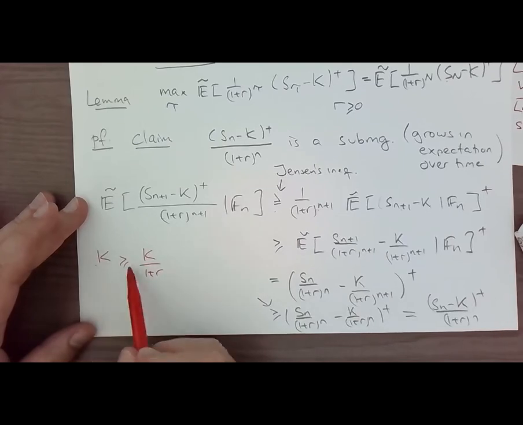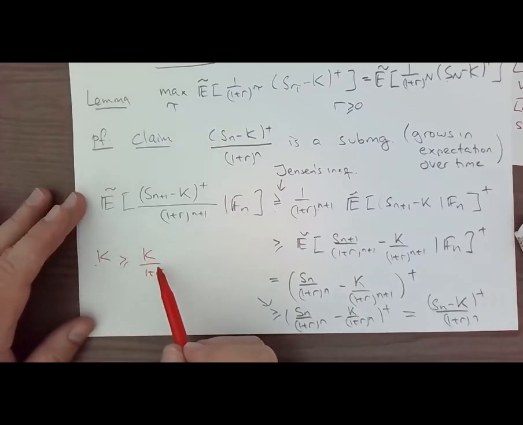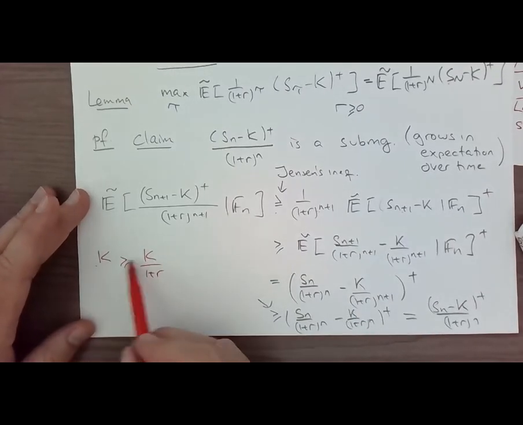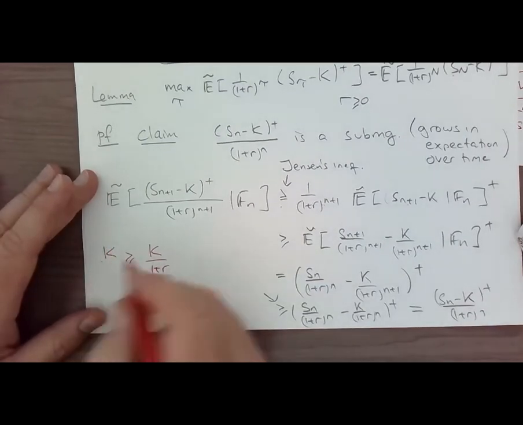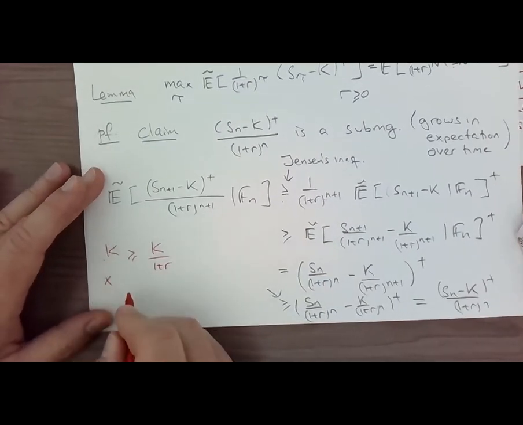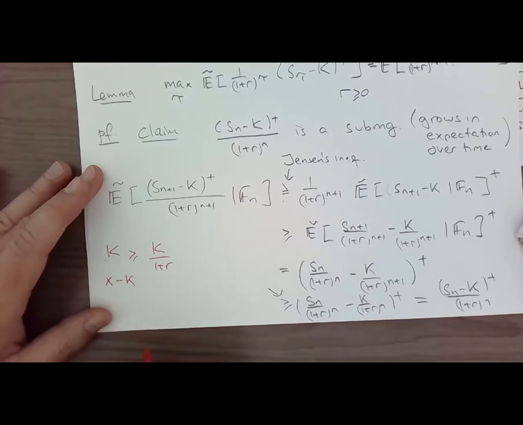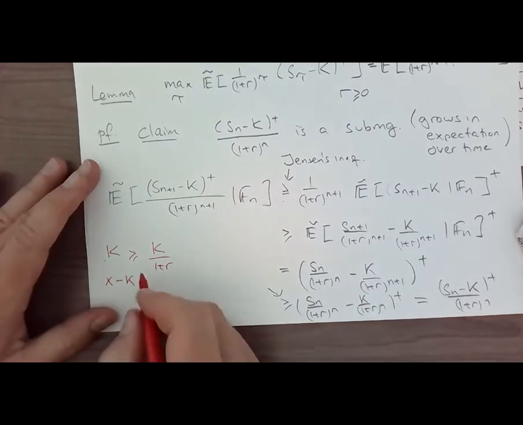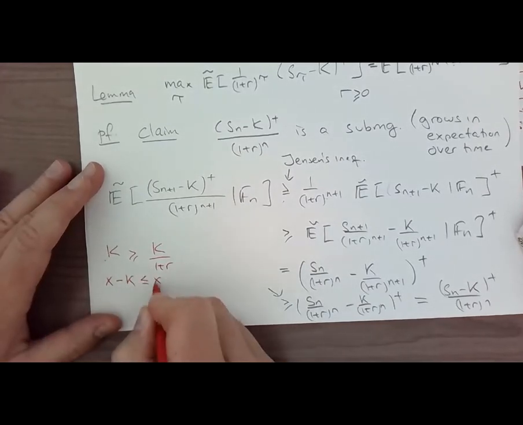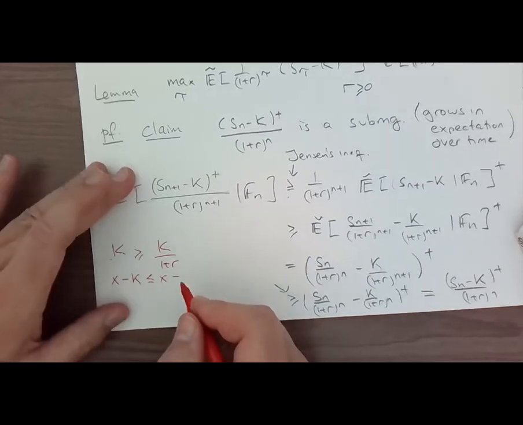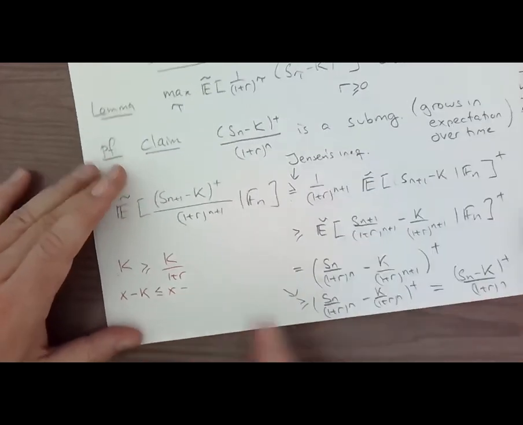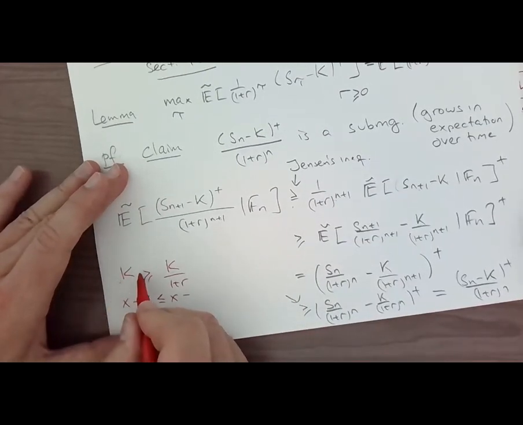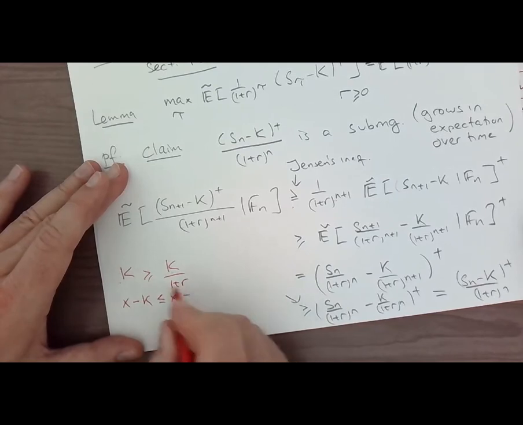So I have K is bigger than K divided by 1 plus R. I'll see if I can make it look like what I have here. So then if I look at X minus K, this is going to be less than X minus, if I put a minus sign, then this is going to be smaller than what's on the right hand side.